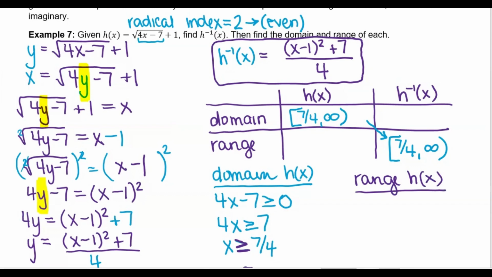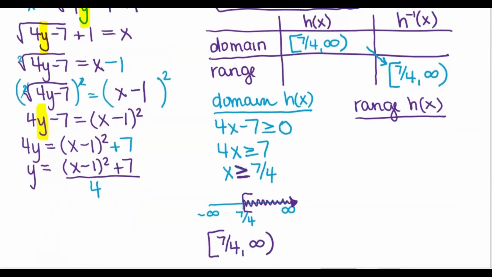We know that our original function for h of x was the square root of 4x minus 7, plus 1. Starting out, if we plug in our x value from our domain, we would have 4 times 7/4 minus 7, and then our plus 1.